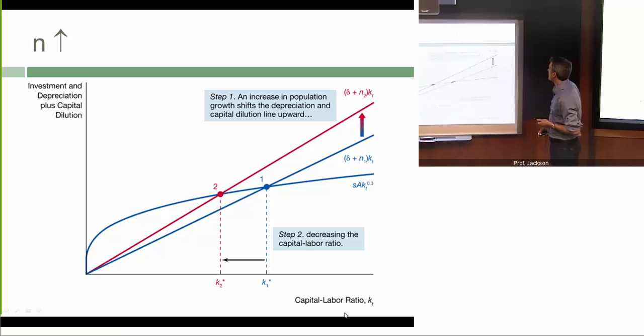If we summarize, this is just the picture without the production function, as I mentioned before. With population growth, the capital dilution line shifts upward, and we get a lower steady state level of capital.